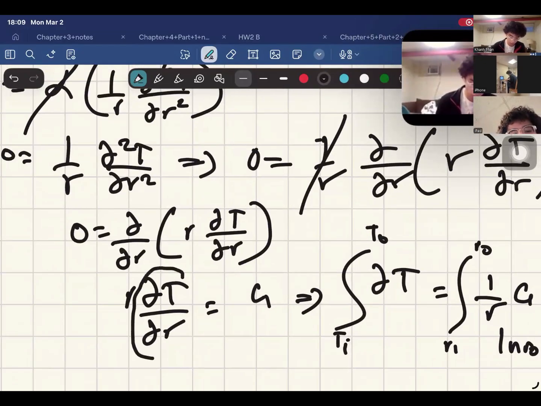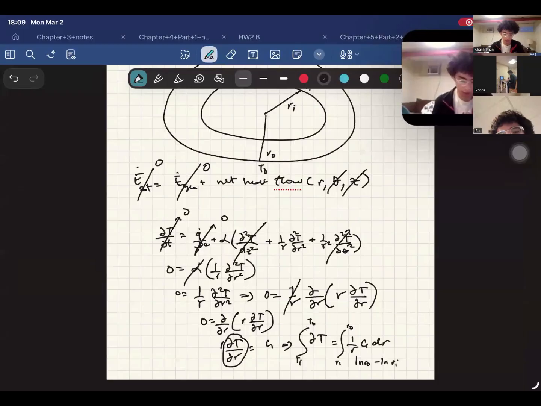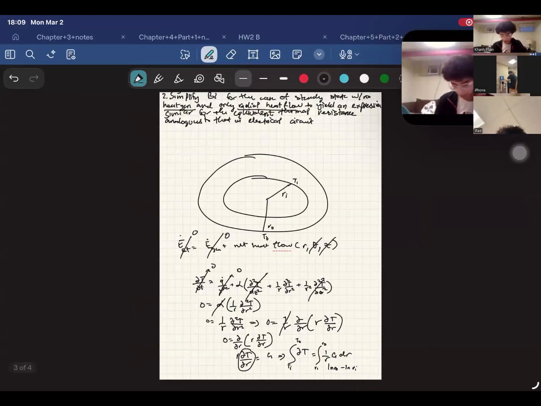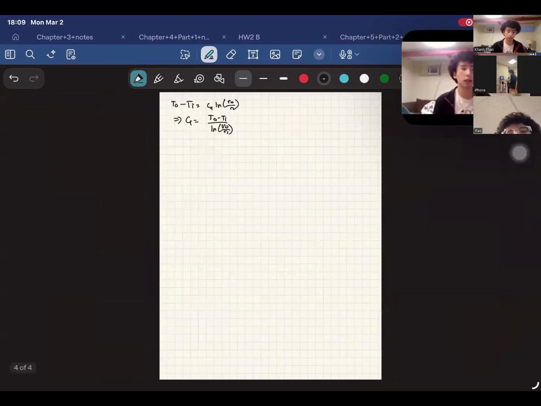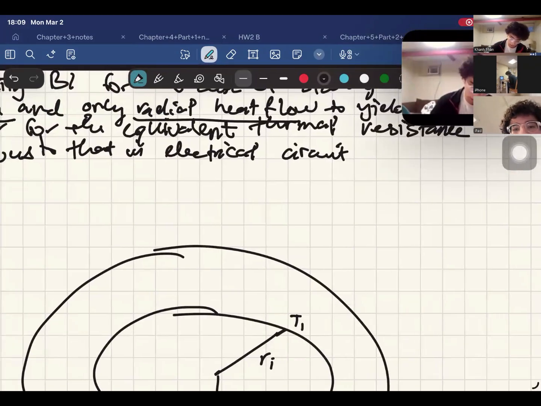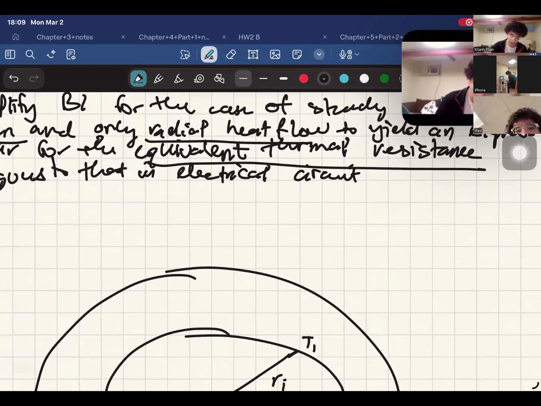So now what we need to do is solve for dT and dr. So we need to find an expression for dT over dr, so then we can plug into our Fourier's law, so we can determine the equivalent thermal resistance.